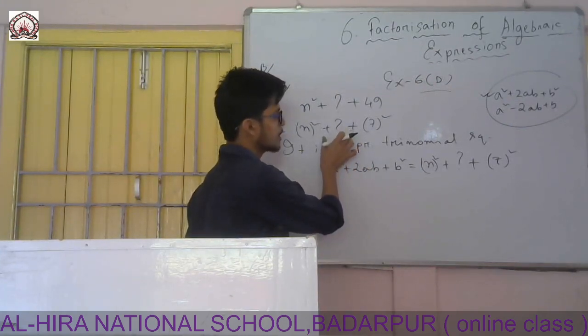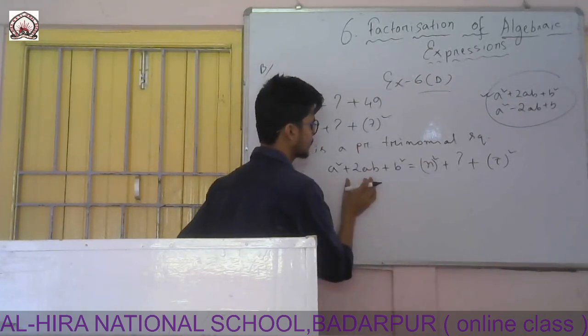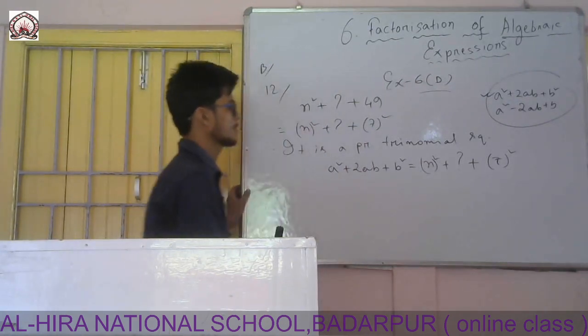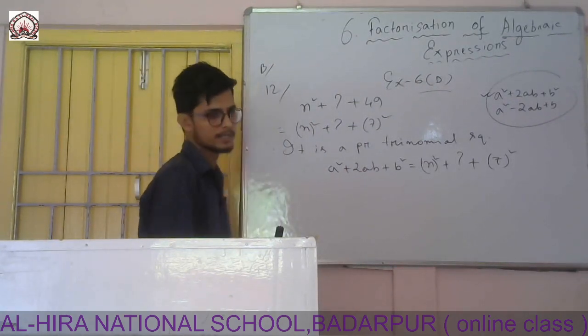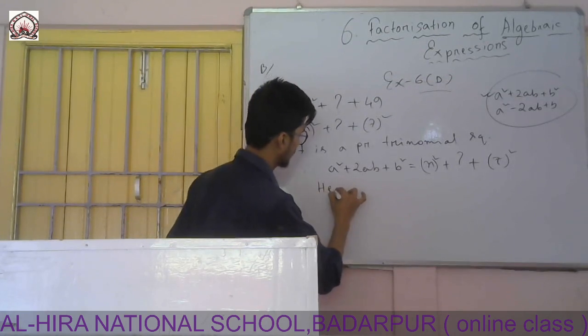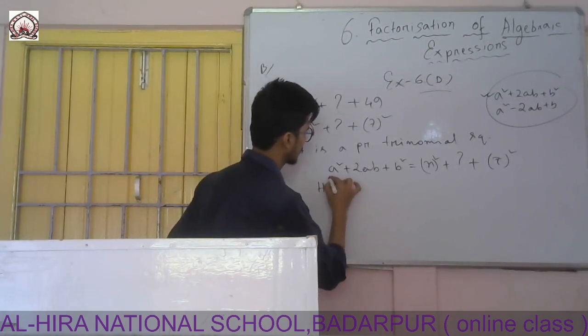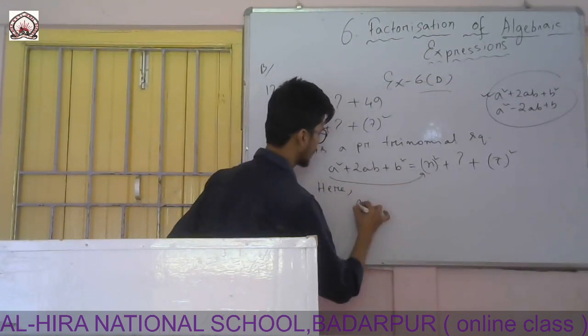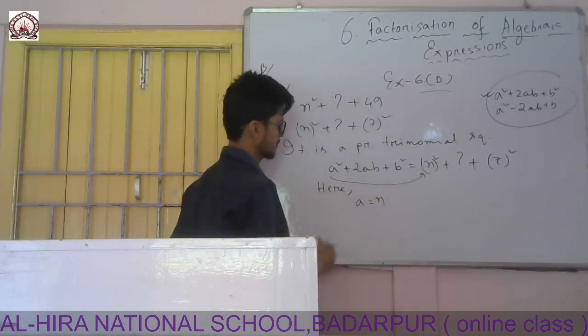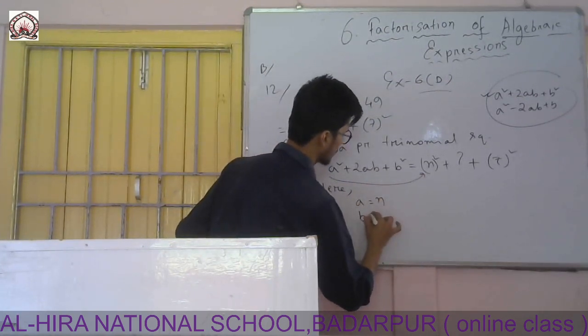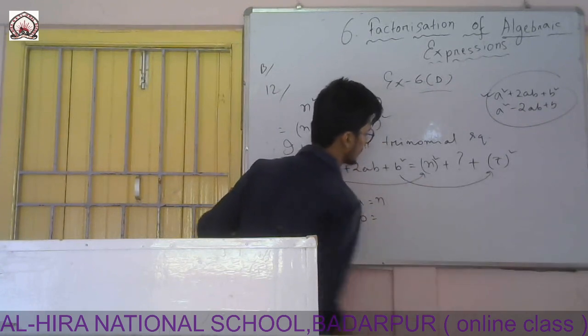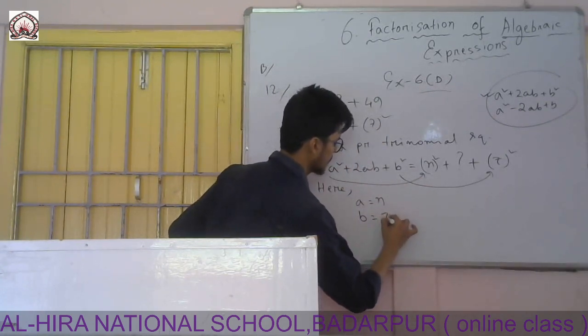If it is a perfect trinomial square, then it will be of this form. So from this we can understand that a square equals n square, so a is equal to n, and b square equals 7 square, so b is equal to 7.